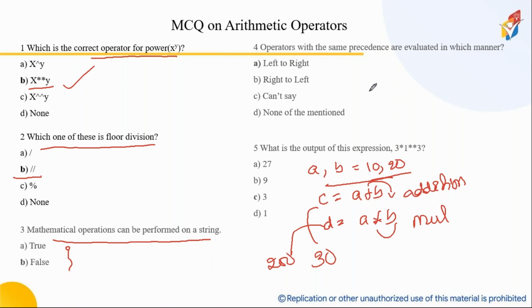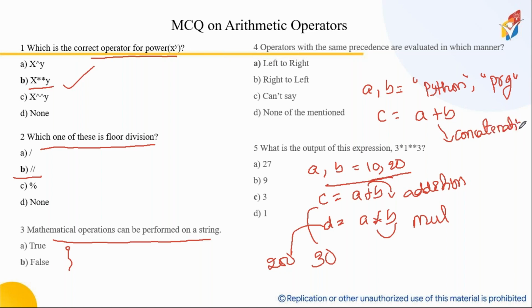Same thing if I apply it on strings. Now a, b equal to the first string Python, the second string PRG. If I do c equal to a plus b, this plus operation is not called addition, it is called concatenation. Now d equal to a star 2.